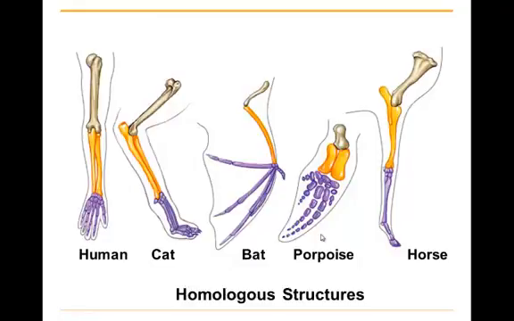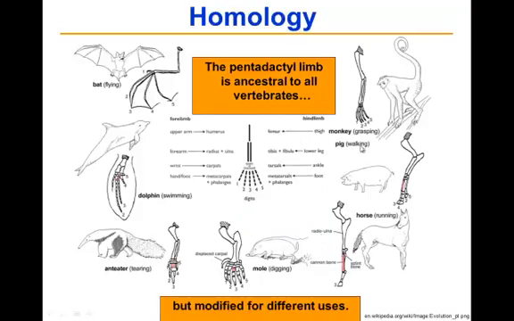And that gives us a strong evidence. So homology, the pentadactyl limb, that's having 5 digits, is ancestral to all vertebrates. Even snakes, which have no limbs, had ancestors that had pentadactyl limbs, but it has been widely modified in different forms for different uses. And you can kind of contemplate these as you look around at the illustrations of the different vertebrate animals in this illustration.